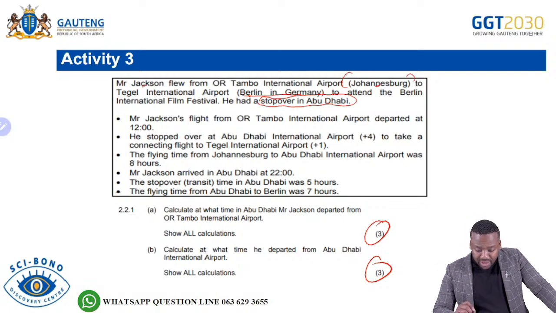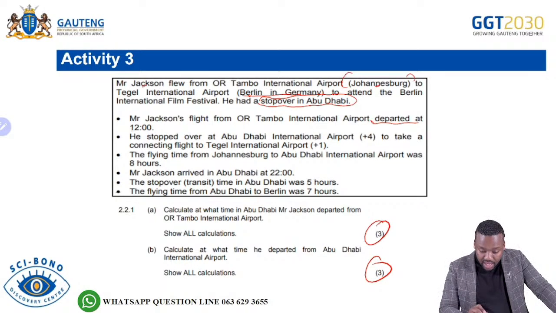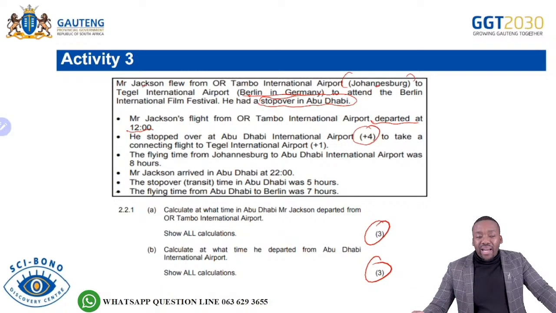Mr. Jackson's flight from OR Tambo International Airport departed at 12 o'clock midday. He stopped over, this is you highlighting, at Abu Dhabi International Airport, which is +4. So when you read carefully, you will see that sometimes they will give you the answers in your statements.